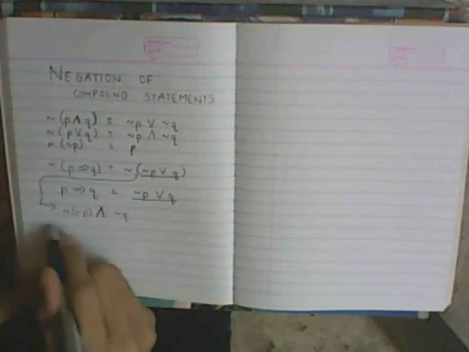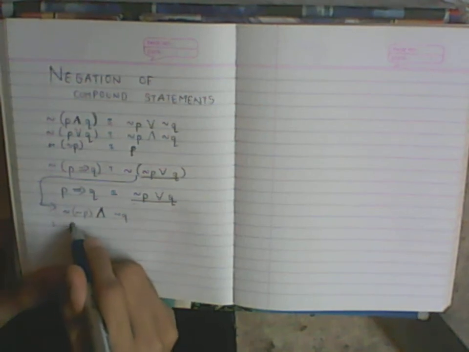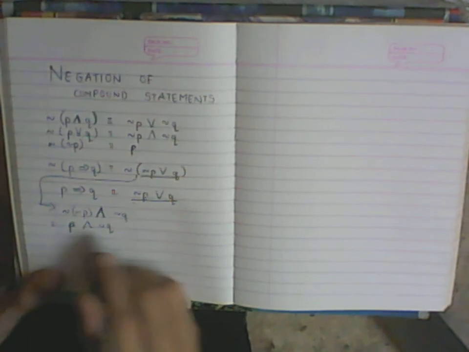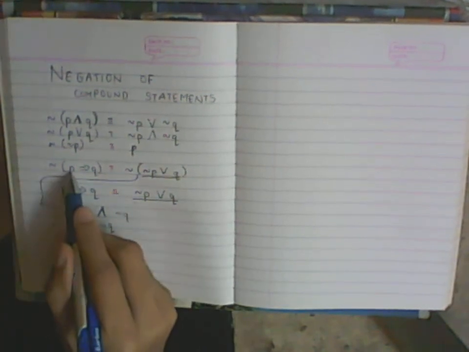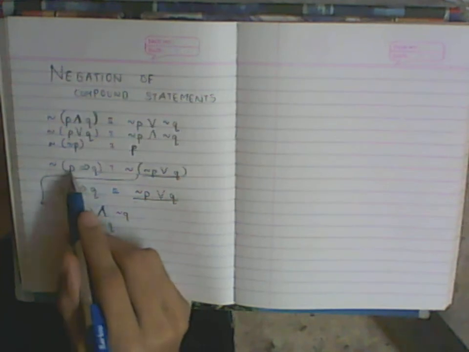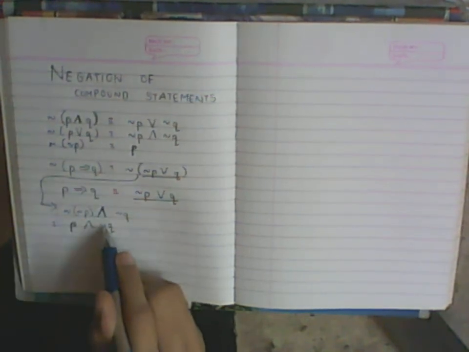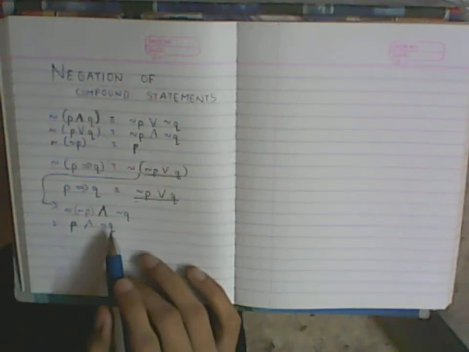And I can simplify this to say that negation of a negation is just my original statement P, and negation Q, I will keep as is. So this is ultimately the negation of an implication. If you have an implication P implies Q, then the negation of that is P and not Q. So this is one important negation.